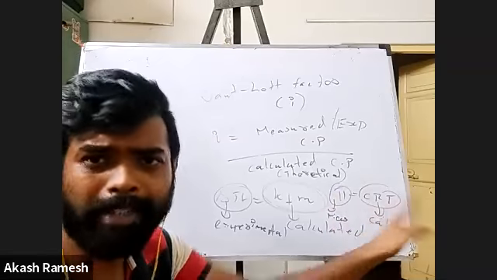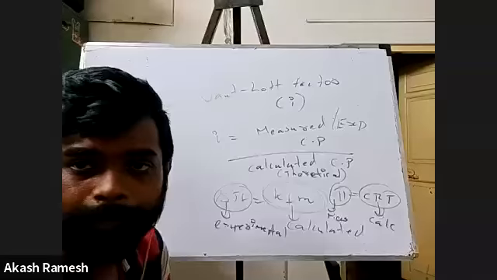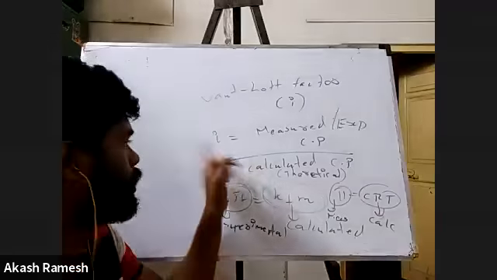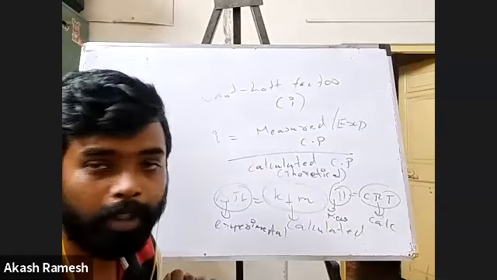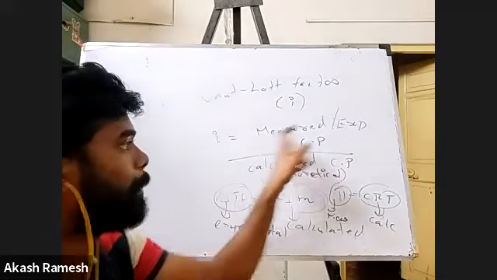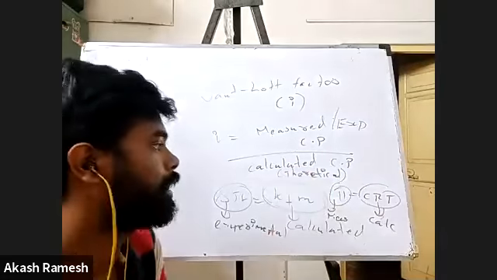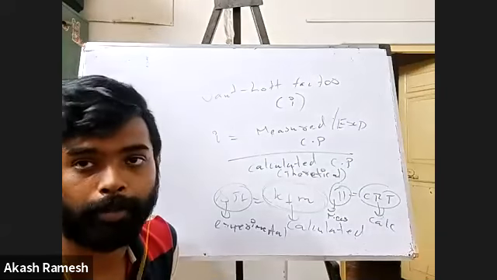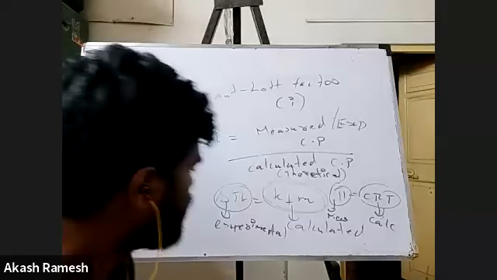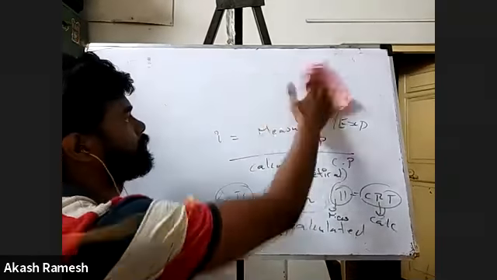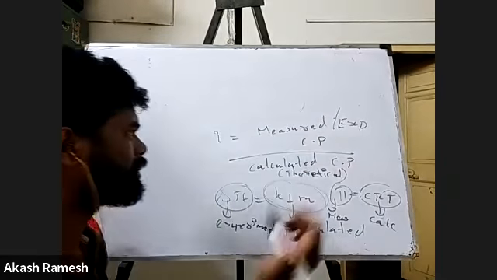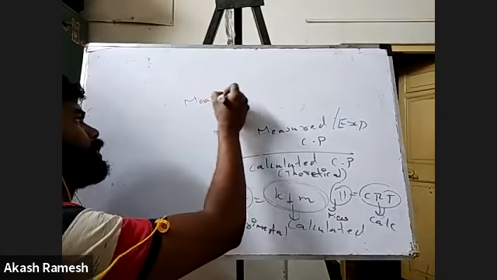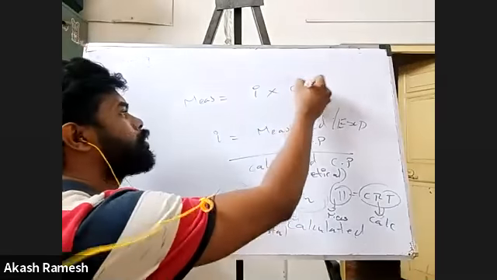So obviously, to make this equal, I can include a term. That term is what is meant, which is defined as measured colligative property divided by the calculated colligative. If I expand this a little bit, I can write it like this: measured is equal to I into calculated.